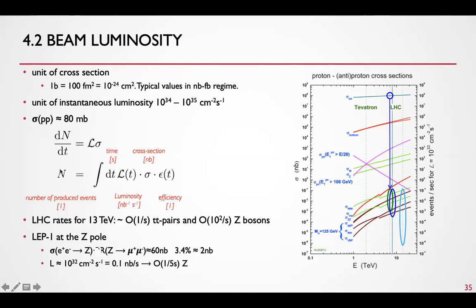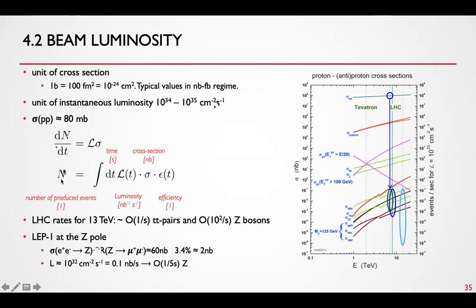I want you to look really closely at this formula. The event rate is the luminosity in centimeter to the minus 2 per second times the cross section. So the event rate comes out in s to the minus 1.